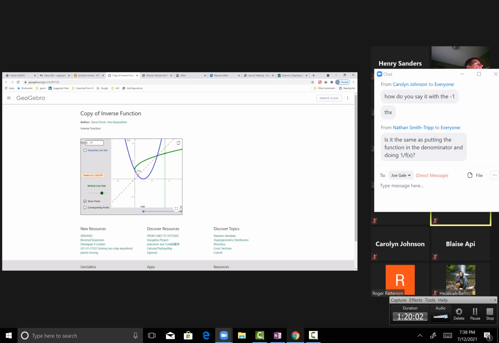So as soon as I make this value 1, I'm okay. All right, but that means I have to restrict this guy, the blue one. So the blue one, the domain of that has to be x is greater than or equal to 1. Okay, in order for that to work.